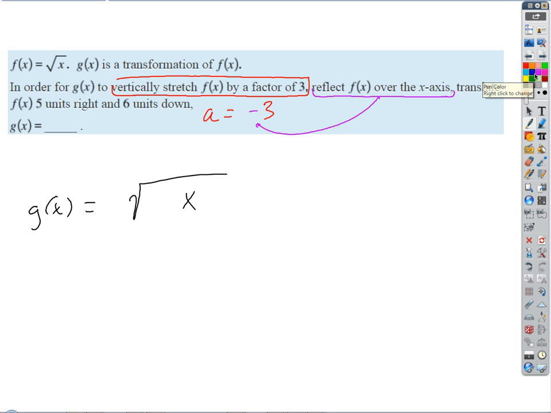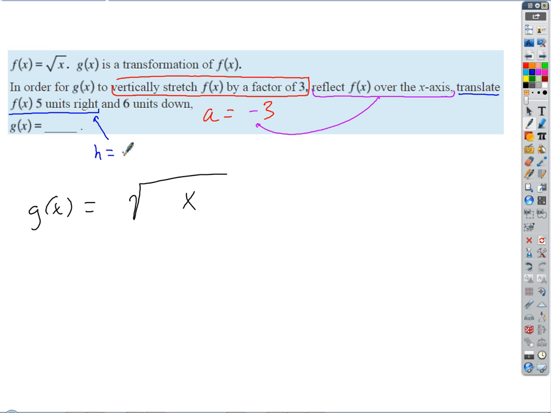We've got this: we're going to translate f of x 5 units to the right. Which parameter controls that? H. H is a horizontal translation or slide. So that's telling us that H equals what? Now, why are you saying negative? Okay, right, because it's x minus h.